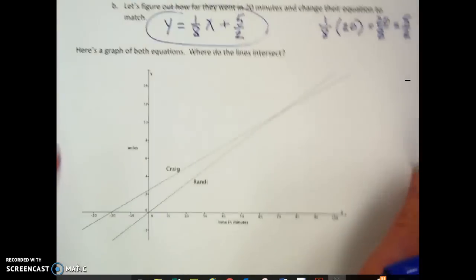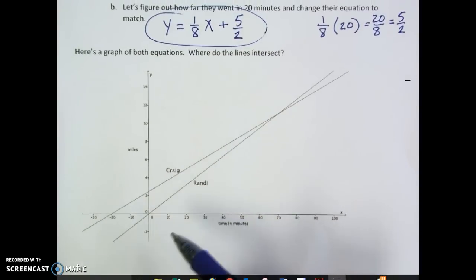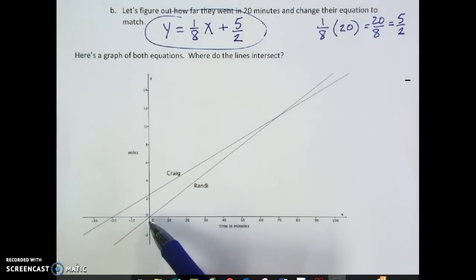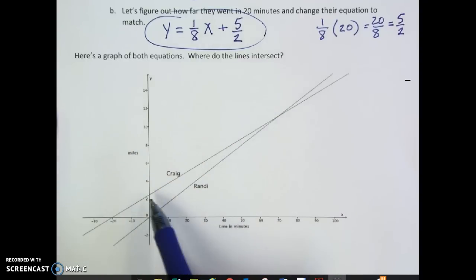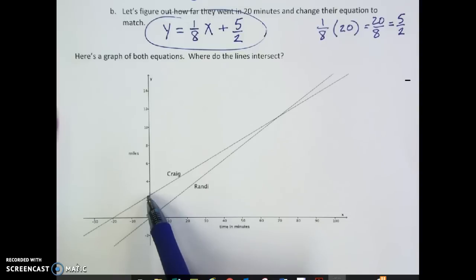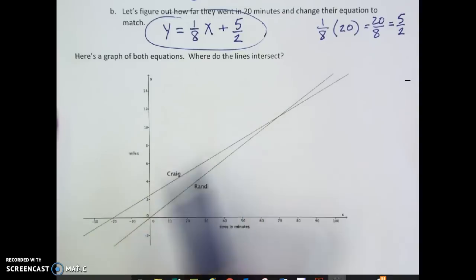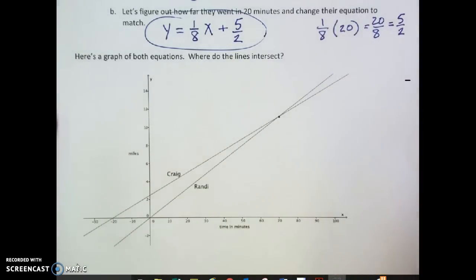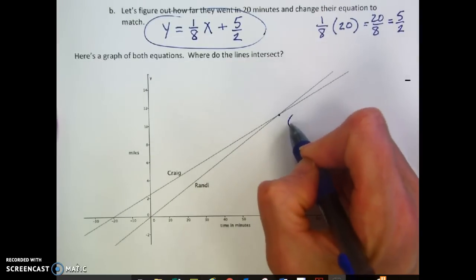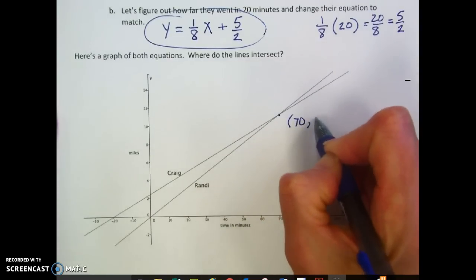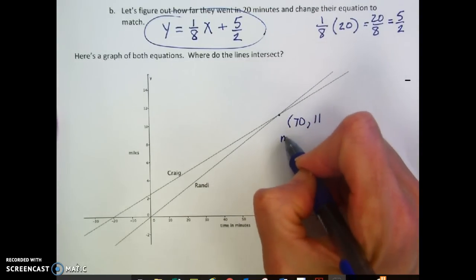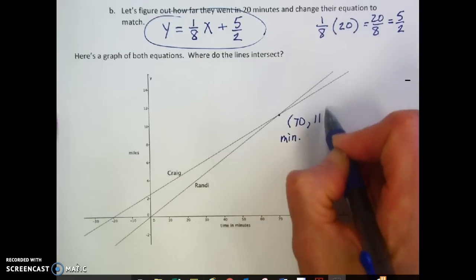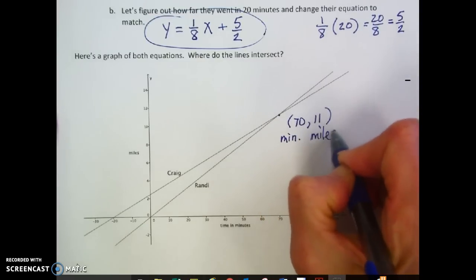Again, I have these graphed. Y-intercept is 0 for Randy's, slope is 4 over 25. Y-intercept is 2.5 for Craig's, and the slope is 1/8. So here are the two graphs. I would say they intersect close to that point right there. So we're looking approximately at 70, 11, which means in 70 minutes they have gone 11 miles.